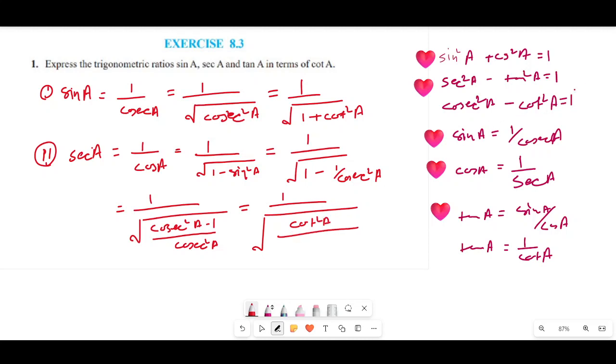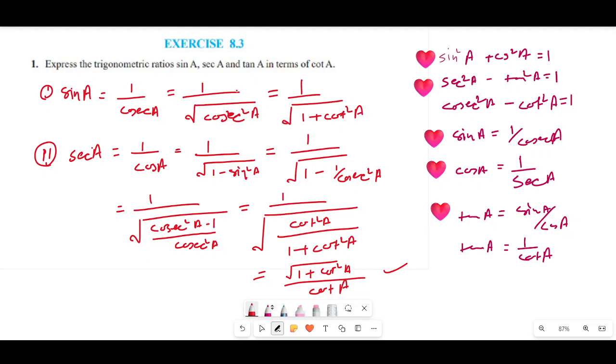Now cosec square A we can write as 1 plus cot square A. Then this is cot A, and the numerator is under root 1 plus cot square A, upon cot A. Clear? That is the answer.